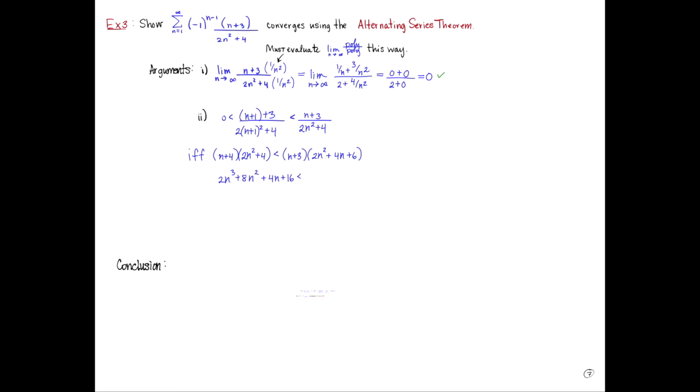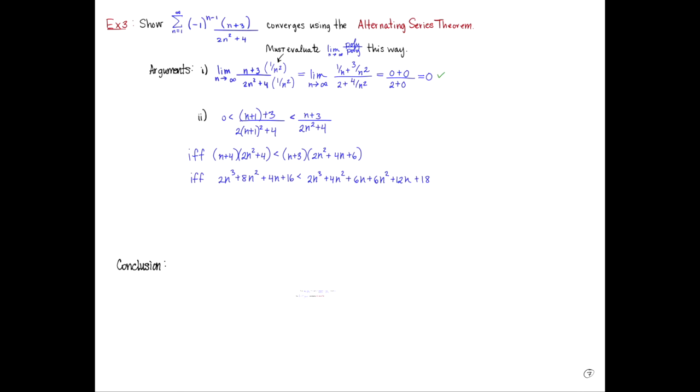And that is less than, on the right-hand side, n times 2n squared, that gives us 2n cubed. N times 4n is a positive 4n squared, plus 6n. And now distributing the 3, we have plus 6n squared, plus 12n, plus 18. And I'll put my if and only if out front.